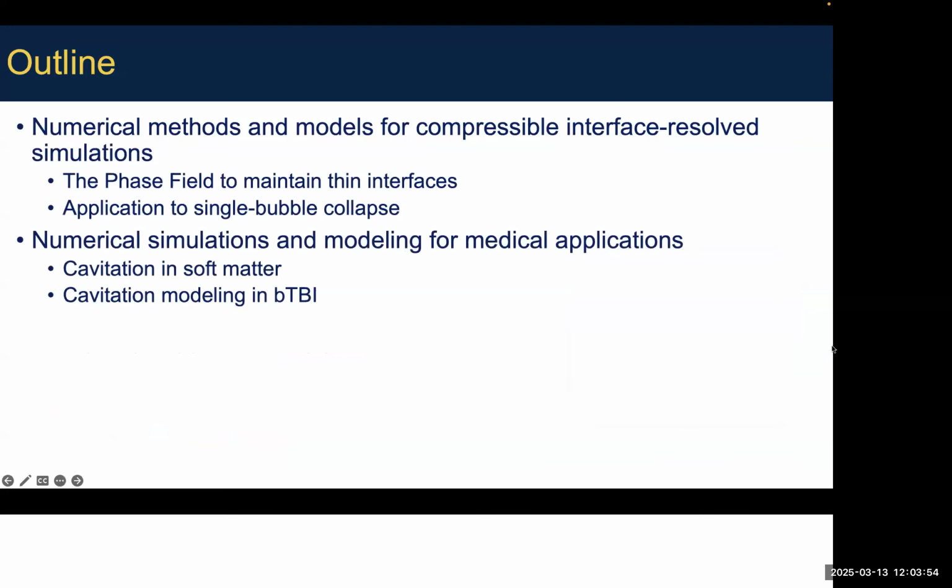So I broke down the talk into two parts basically. I'll start by talking about the work we've been doing on methods and models for compressible interface resolved simulations, specifically in the context of bubble collapse, motivated perhaps more by cavitation erosion in naval hydro applications.